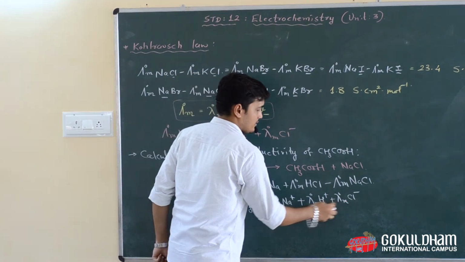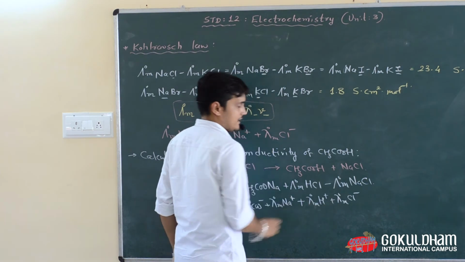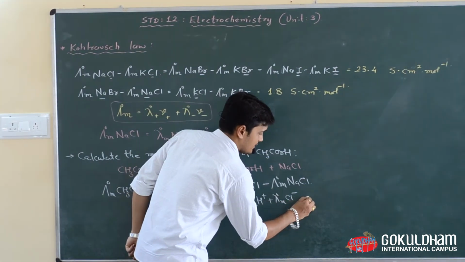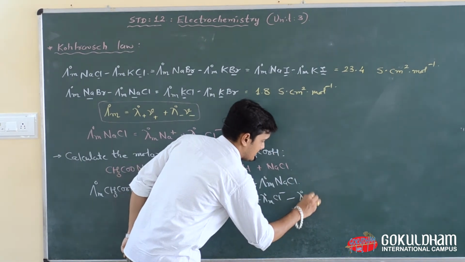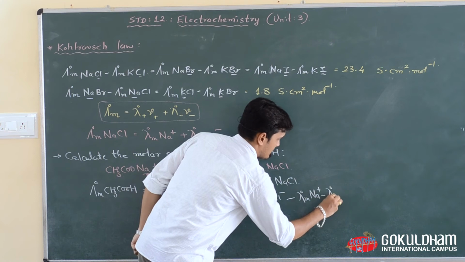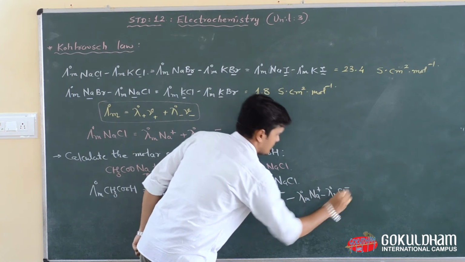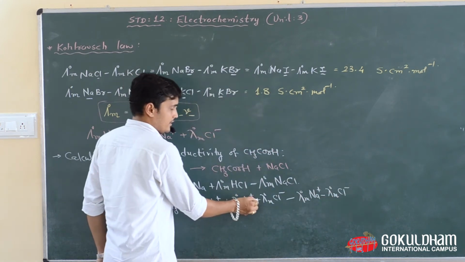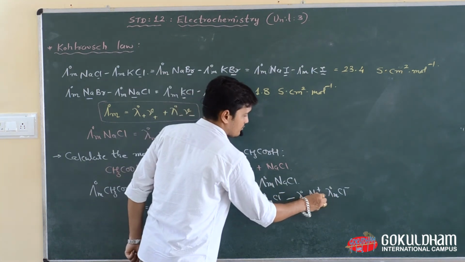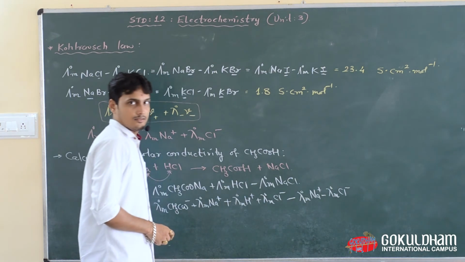This is the dissociation of HCl. Now this is the minus sign, so minus lambda 0 m Na plus minus lambda 0 m Cl minus. Here it is plus, but this is the minus symbol, that's why we convert this plus into minus.